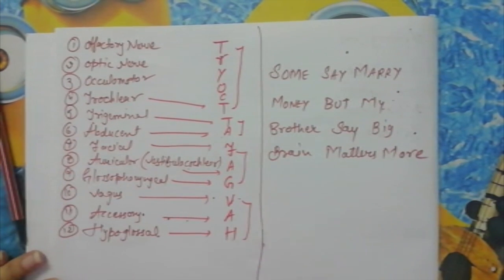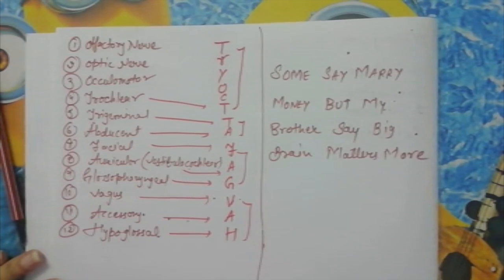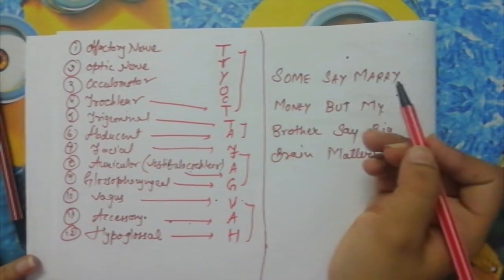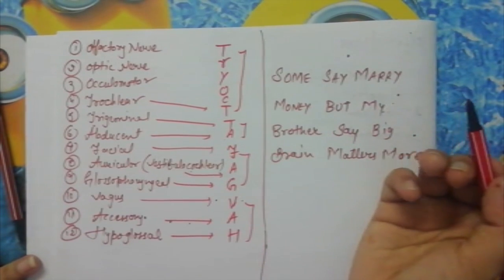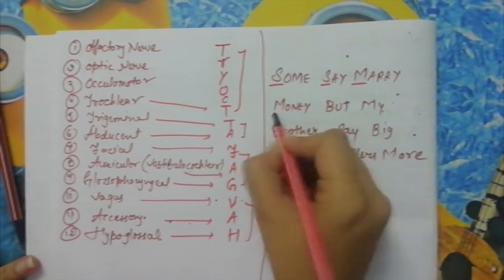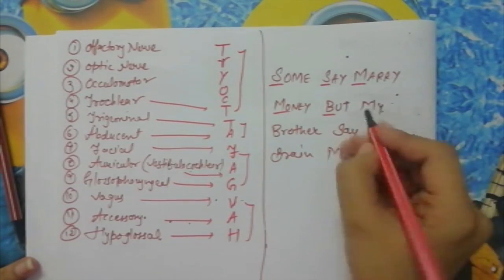The first letter of each word shows the functional type of the nerve: S for sensory, M for motor, B for both, meaning mixed.